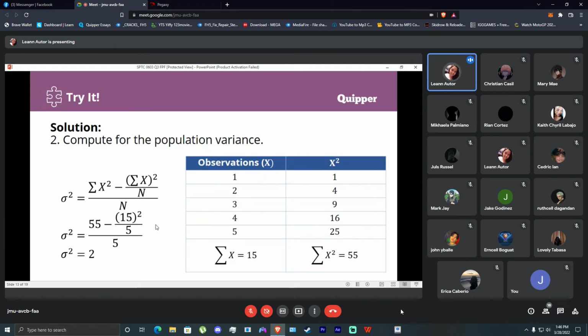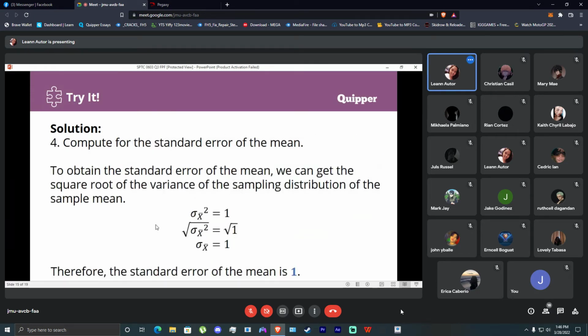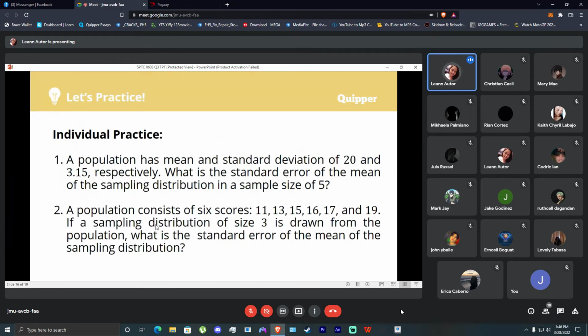Well, we have another example. Okay. Did I mention a while ago that you are going to solve the individual practice from the previous topic, on variance? Did I announce that? Yes, ma'am. Okay.